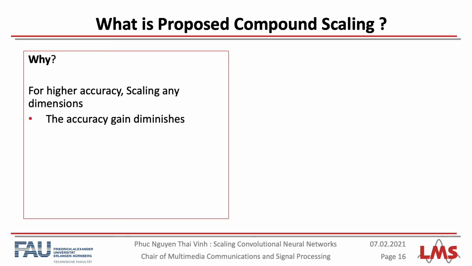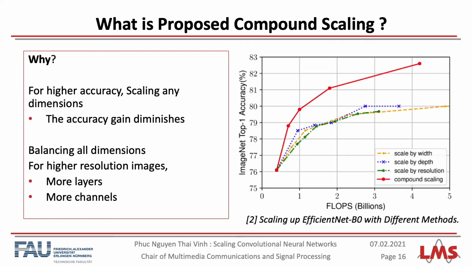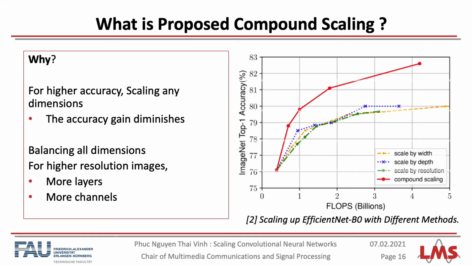However, another observation is that we need to balance all dimensions, because for a higher resolution image we need more layers to observe higher level features, and more channels to observe more detailed fine-grained features.